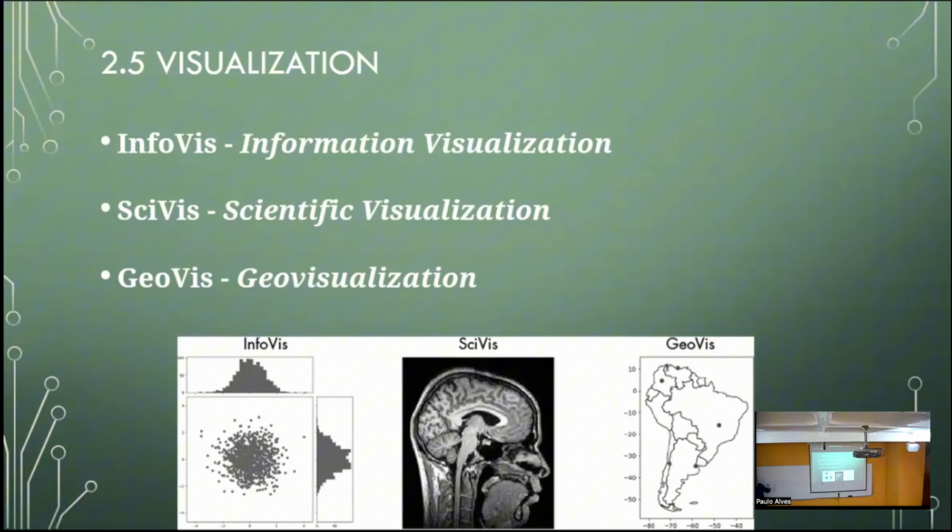We can see that politicians use information visualization. So they don't have the concern of whether the data or the message are accurate. They only want to achieve the goal, the message that they want to transmit.